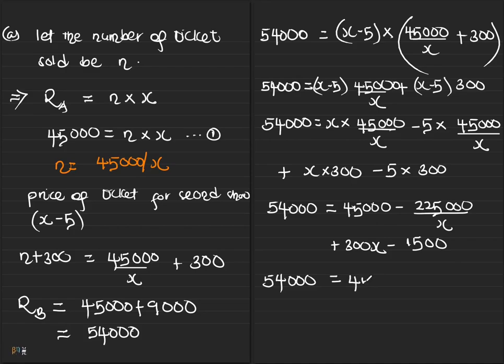So we have our 45,000 minus 1,500, then minus 225,000 over x plus 300x.